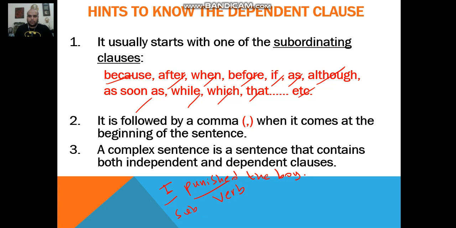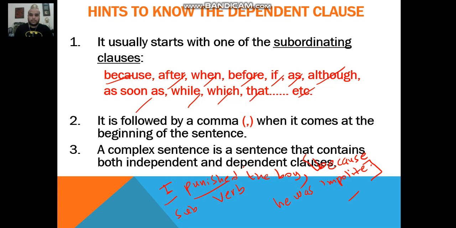Look at the second one, which starts with a comma and "because", which is a subordinating word: because he was impolite. Now, if I take "because he was impolite" by itself, can you understand anything?